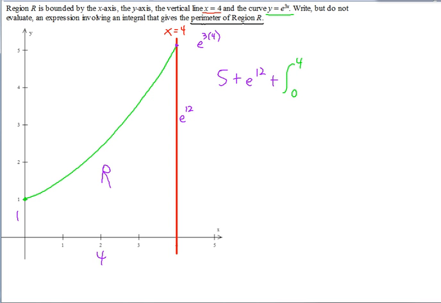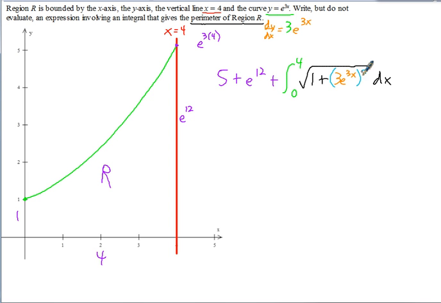And then we'd have the square root of 1 plus, then we need the derivative of our function, so it's not too hard here, dy dx, just using the chain rule here, the derivative of e stays the same. Using the chain rule, the derivative of 3x is 3, so 3e to the 3x, squared, and then times dx.